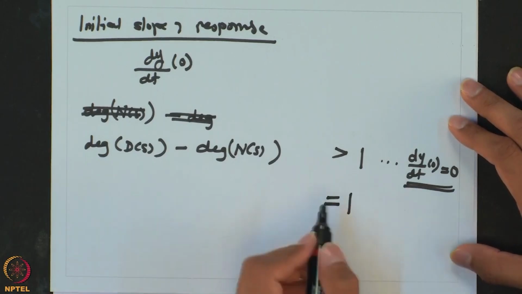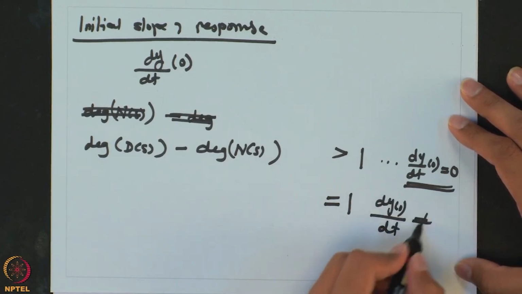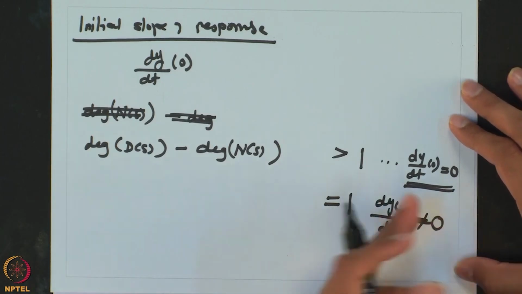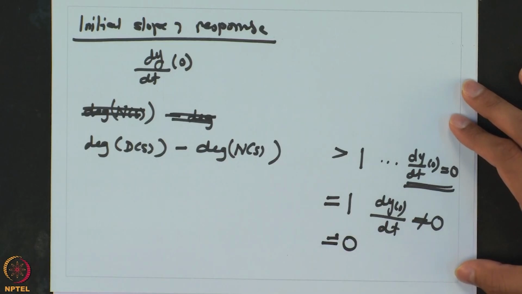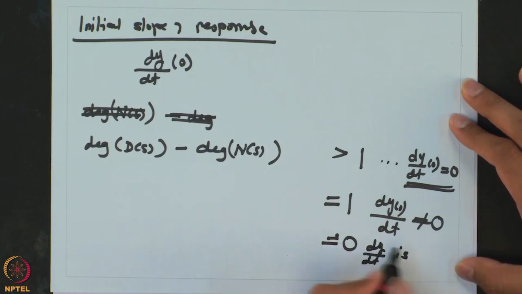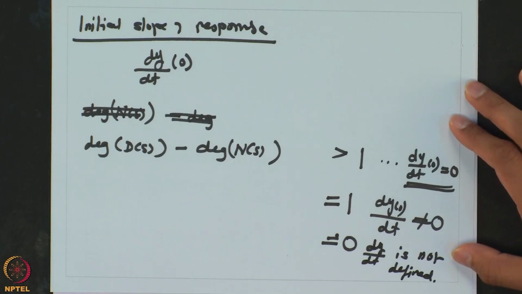When the difference is equal to 1, then the slope is finite. The slope is not equal to 0. The response immediately starts. And if this difference is equal to 0, in that case dy by dt is not defined and there is a discontinuity in y.